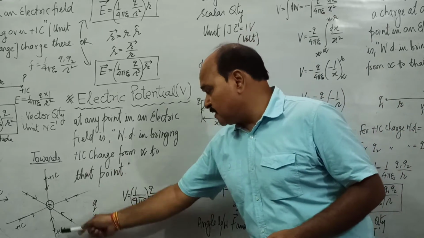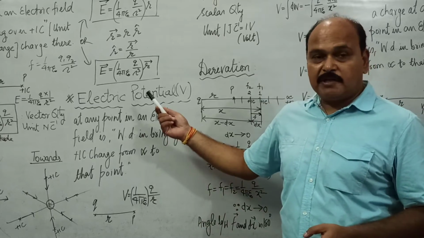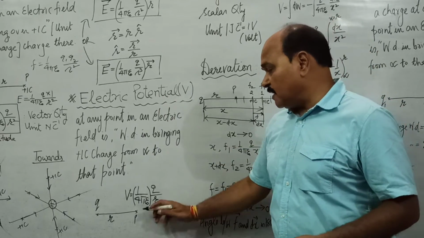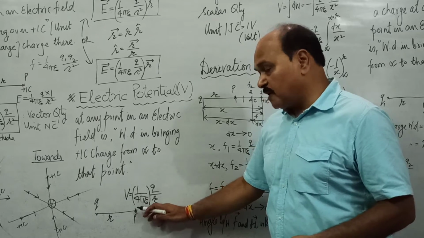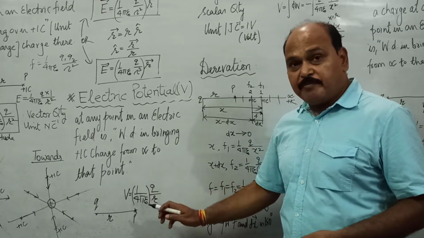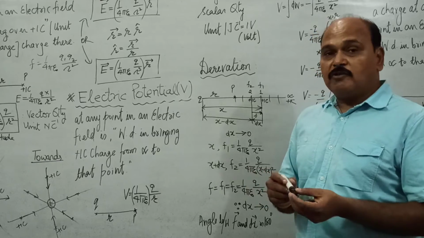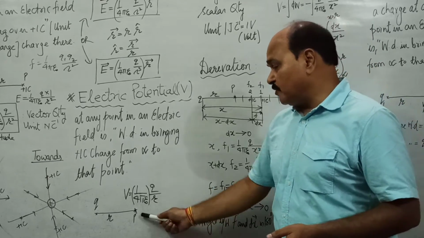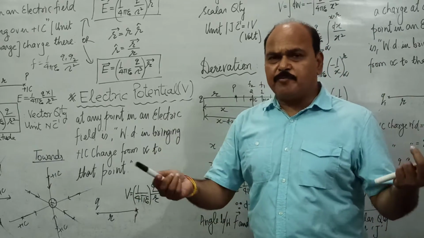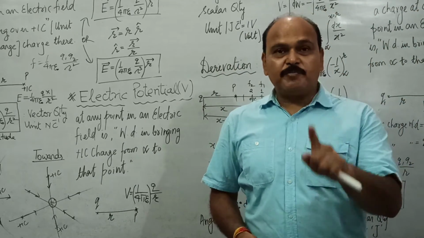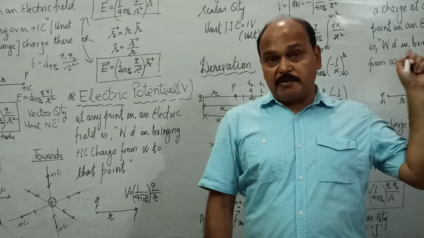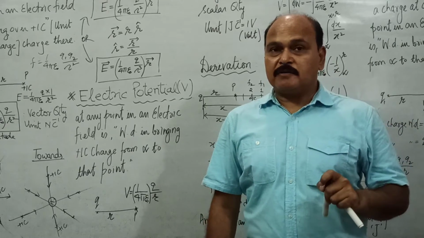All around this point charge q, what do we have? It's electric field. What is electric potential at this particular point? Well, electric potential at this particular point is the work done in bringing plus 1 coulomb charge from infinity to this point. So electric potential at any point in an electric field is the work done in bringing a unit positive test charge from infinity to that very point.